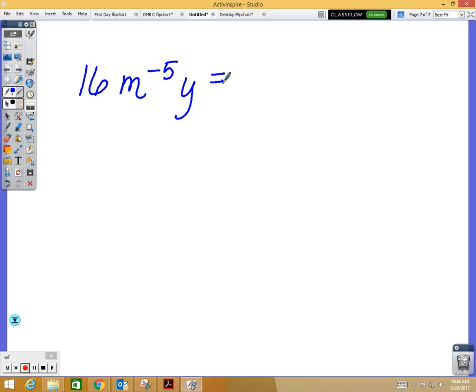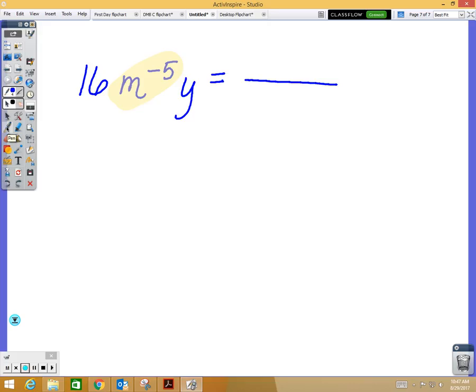So again, the only thing that gets moved down to the bottom is something that has a negative exponent. So the only thing that has a negative exponent is the m. So the only thing that's going to move to the bottom would be that. And because we're going to move that m to the bottom, that negative 5 is going to become a positive 5. The 16 and the y are fine.